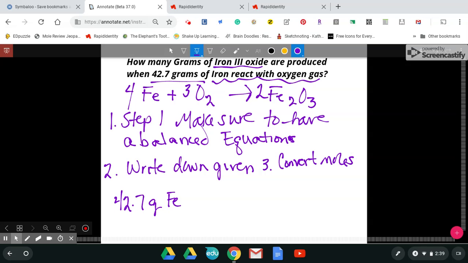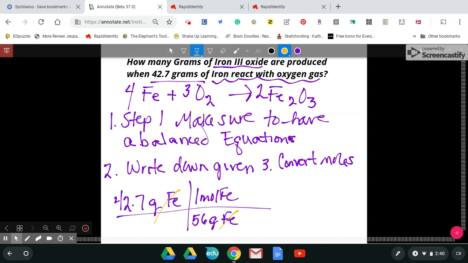Remember I told you we're combining chemical reactions with our mole conversions. So if I'm in grams and I want to get to moles, I divide. 1 mole of iron equals 56 grams of iron. Notice that now my grams of iron is gone, and I'm in moles of iron.